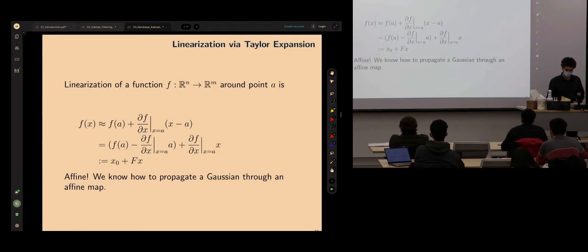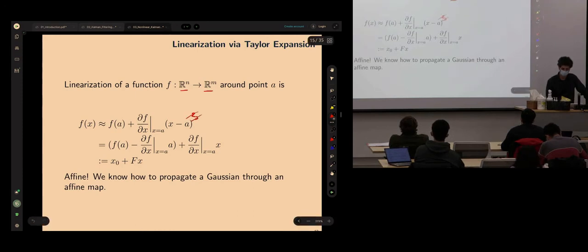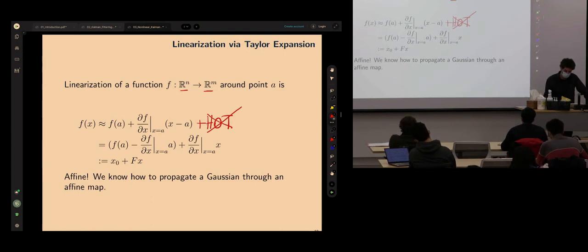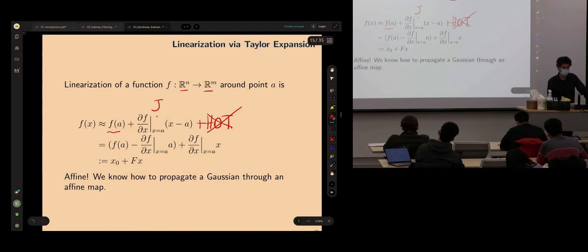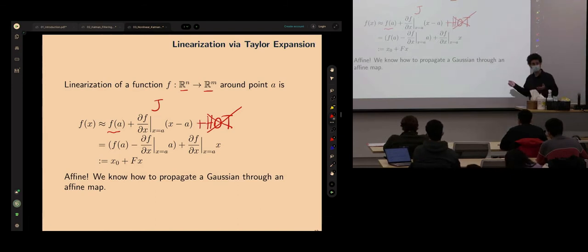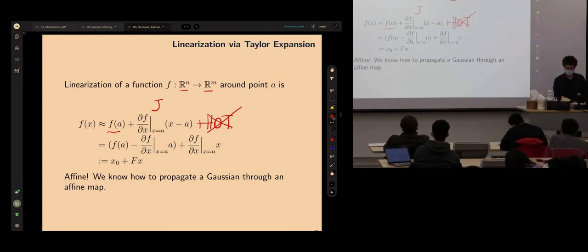But generally, from Rn to Rm, if you write down the Taylor expansion and only keep the linear terms, dropping the higher order terms, what you have is the function evaluated at the operating point, let's say A, plus the Jacobian, the derivative of your function with respect to the variable, evaluated at that point.